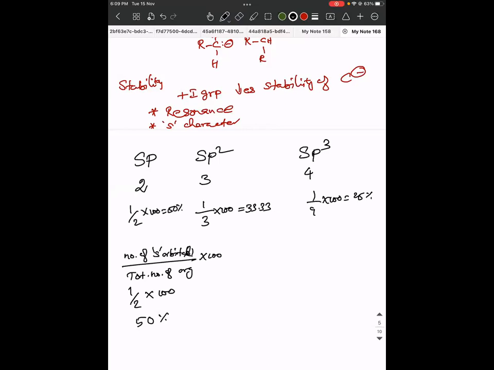So it has 50%, 33%, and 25%. There are 3 factors which stabilize the molecule: one is the inductive effect, another is the resonance effect, and another is the S character in the hybridization. Okay, so this is called carbanion.